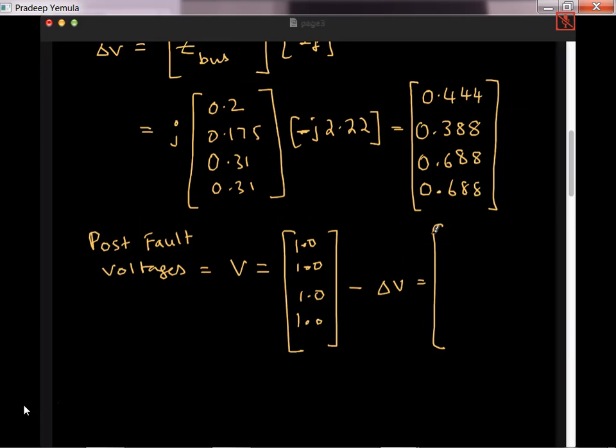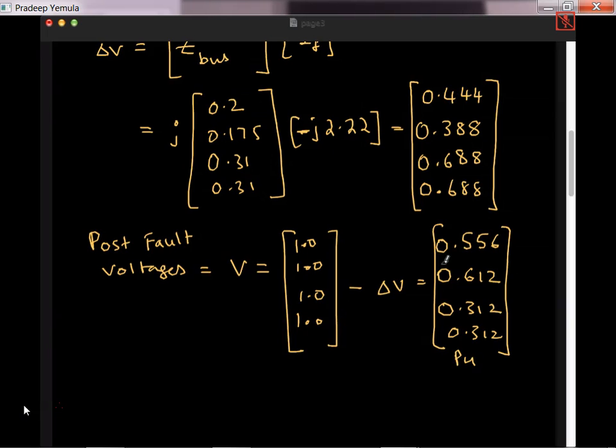I get 0.556, and 1 minus 0.388, I get 0.612, and 0.312 and 0.312 per unit. So these are my post fault voltages.